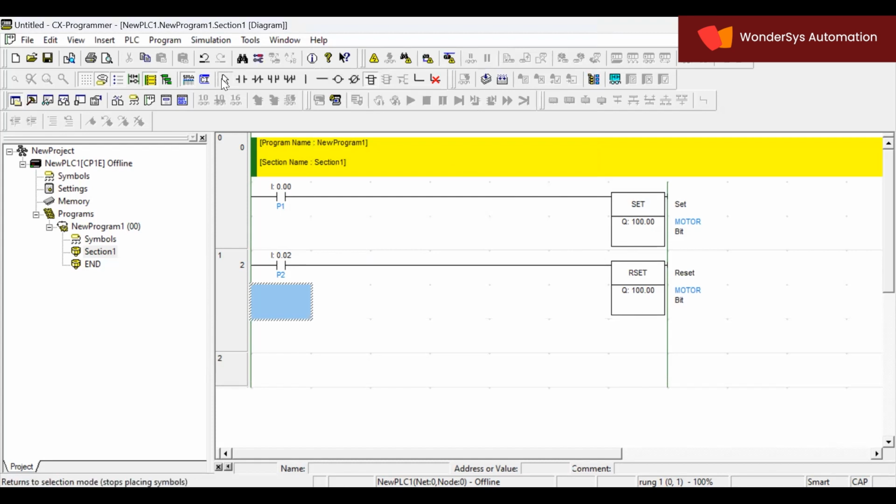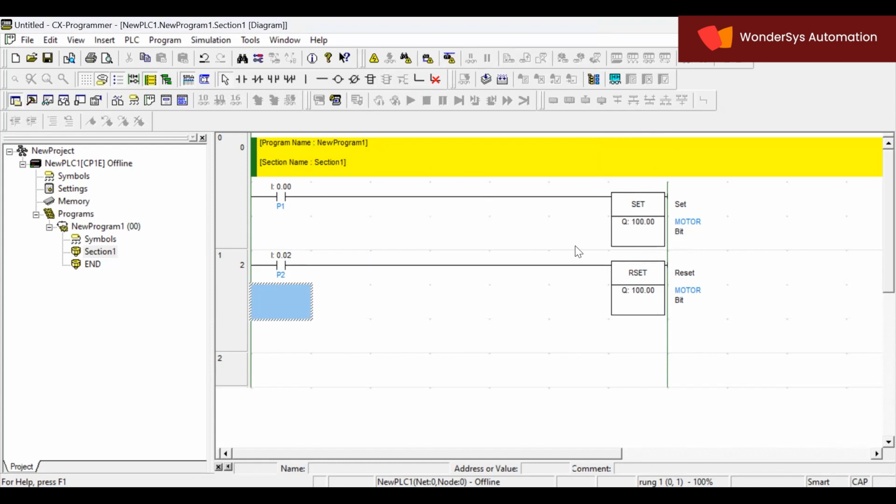You'll be operating on the same output. This is how we are using the set and reset option. There is no need of doing latching or unlatching. You just need to use one switch to set it and another switch for resetting.